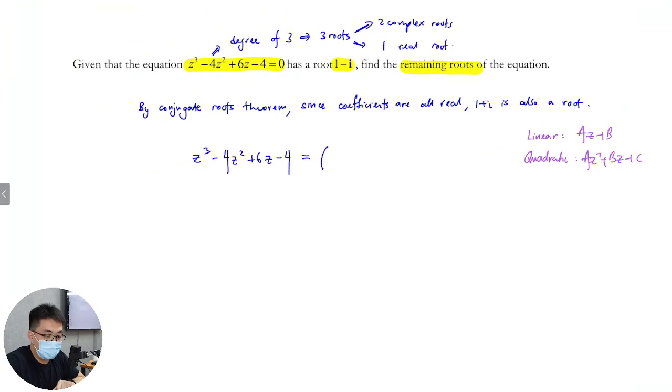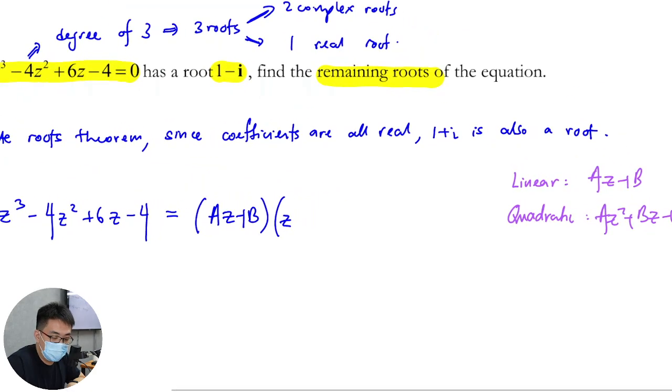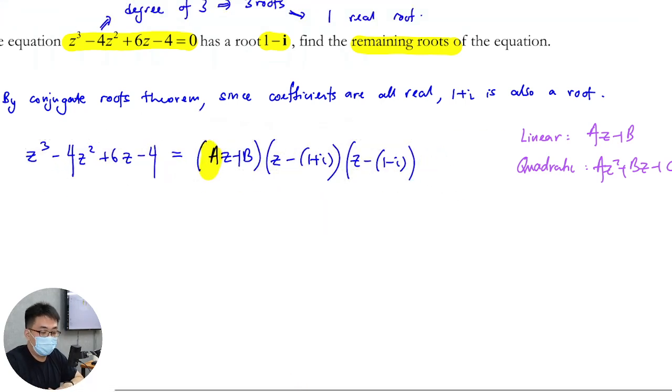Okay, so in this case, this linear factor will be az plus b, and then z minus one of the roots, which is 1 plus i. Then this is z minus 1 minus i. This a is important. Don't assume that it's 1. Please don't assume it's 1. This case here is 1, but just don't assume it's 1.